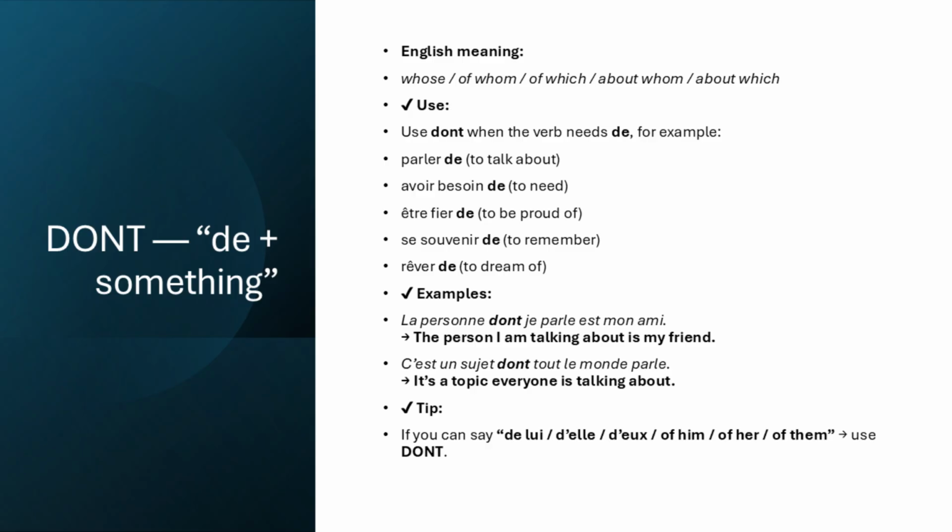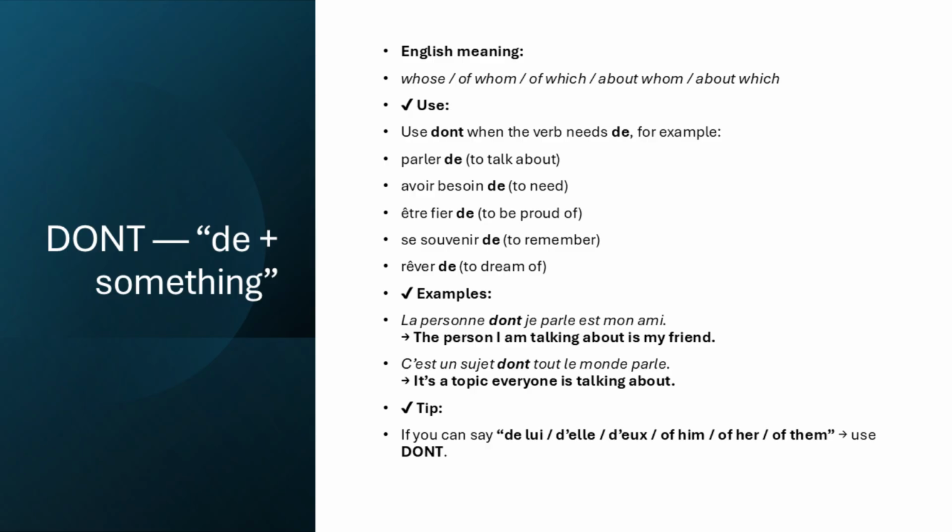For example, parler de, to talk about; avoir besoin de, to need; être fier de, to be proud of; se souvenir de, to remember; rêver de, to dream of. So basically, with verbs where we want to use the word de, we can use the word dont.